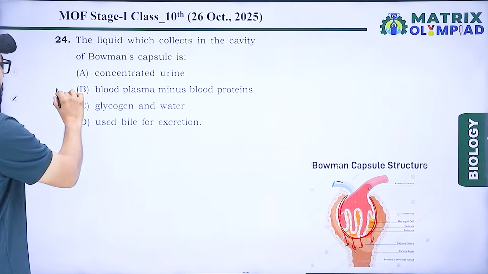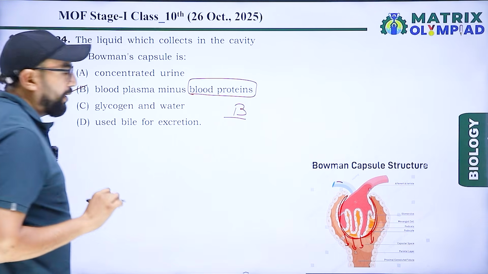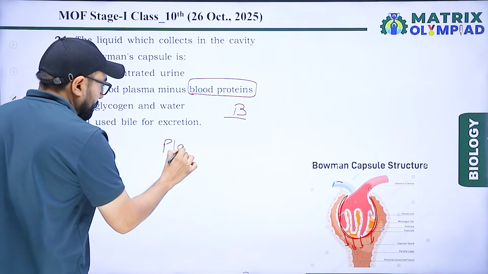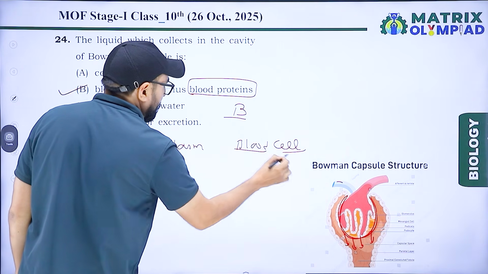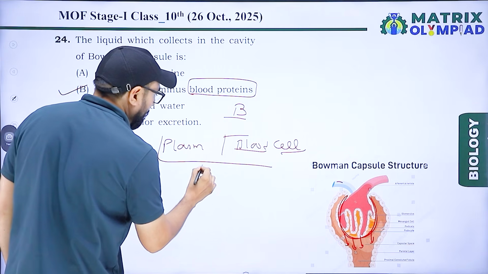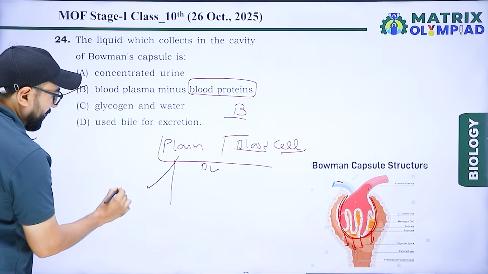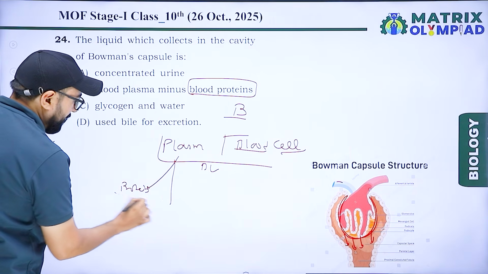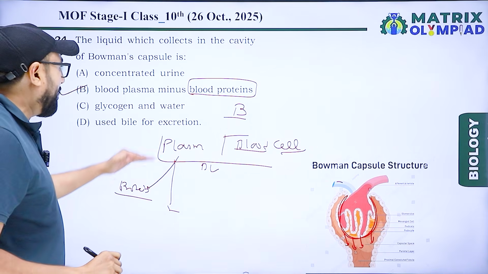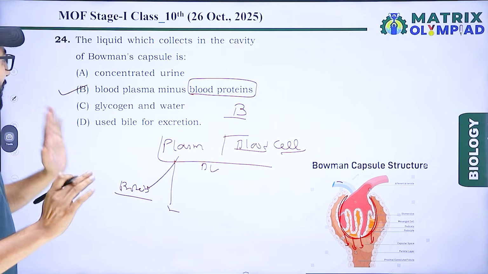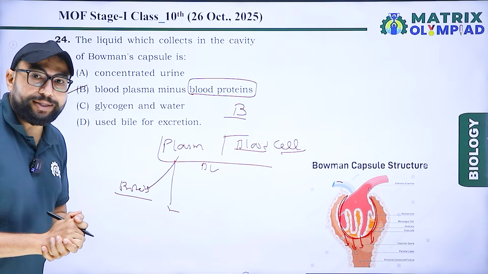So option B is right: blood plasma minus blood protein. Blood plasma and blood cells? In the components of blood, blood plasma contains protein and other material. So blood plasma minus blood protein is the right option for this filtration in Bowman's capsule.